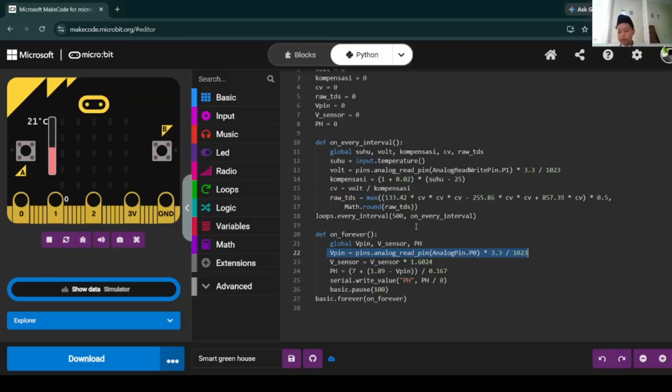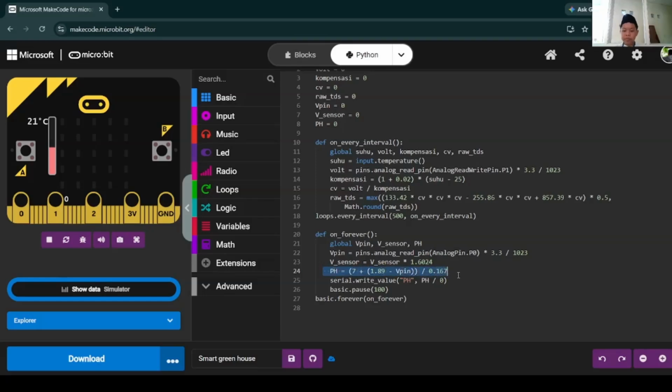So the title of this formula is converting the pH reading into voltage, because we must have the voltage data. And I read this one, V sensor processes the sensor voltage by multiplying it by 1,006,024. This may be intended as a calibration or scaling process.